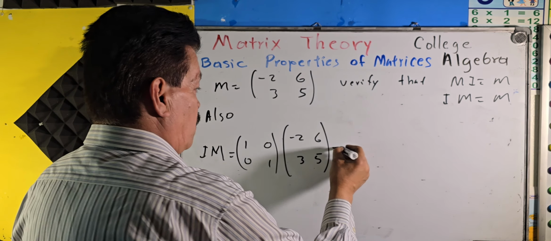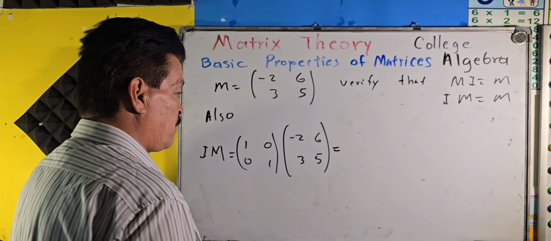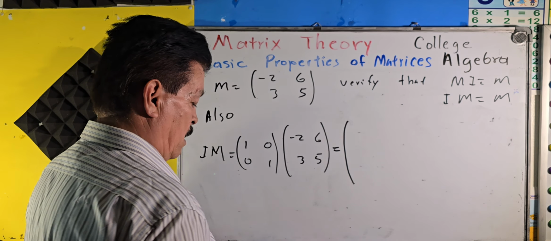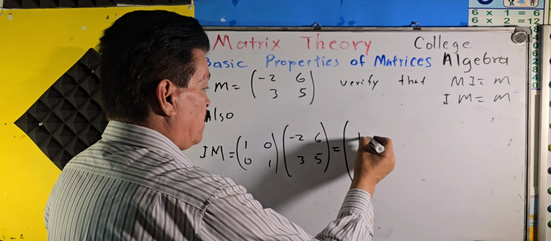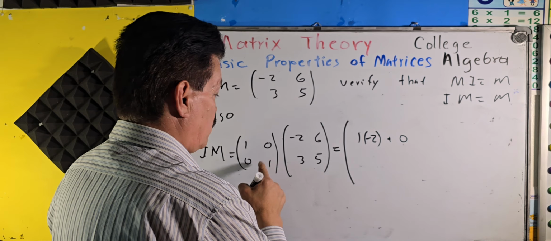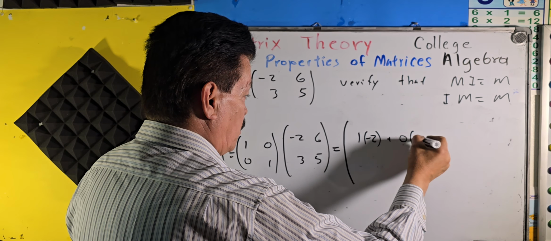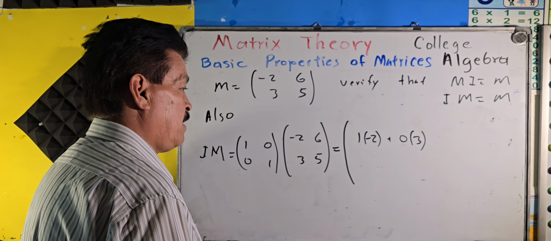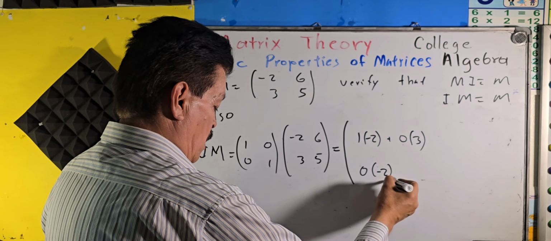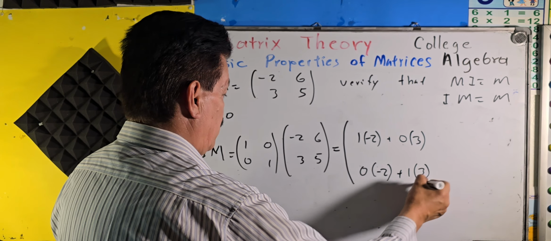Multiply: 1 times negative 2 plus 0 times 3. Then 0 times negative 2 plus 1 times 3.